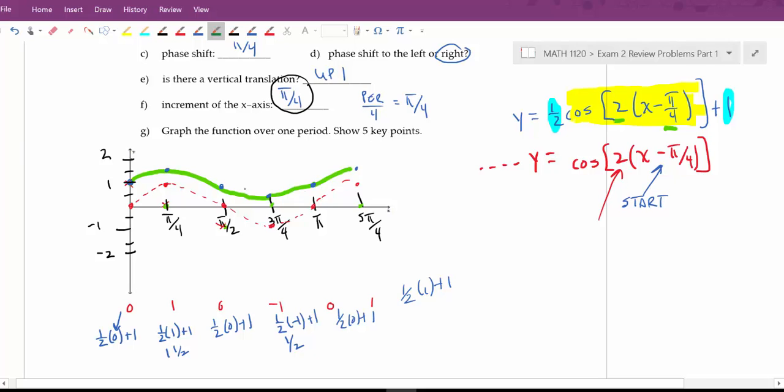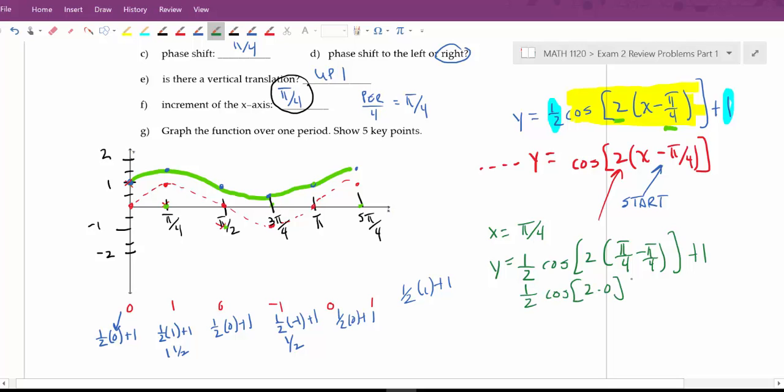So pick a point. If I were doing this, I'd pick pi over 4. So let's just say x equals pi over 4. What do we have? We have y equals 1/2 cosine of 2 times pi over 4 minus pi over 4 plus 1. I use pi over 4 because it's so easy. So this is 1/2 cosine of 2 times 0 plus 1.